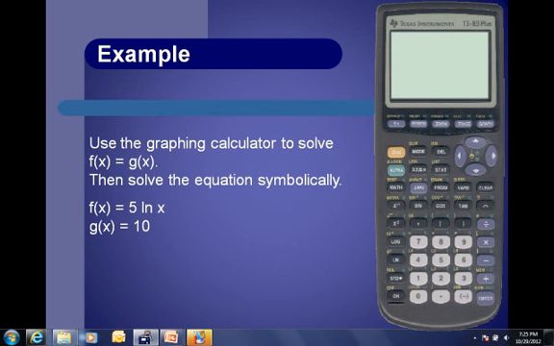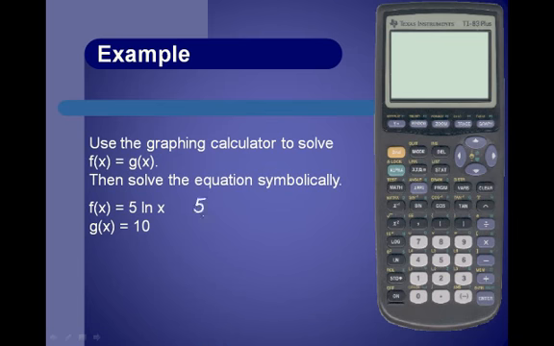Now for these examples, we're going to use the graphing calculator to solve an equation of the form f of x is equal to g of x. Then we're going to solve the equation symbolically. So if f of x is equal to 5 times the natural log of x and g of x equals 10, then we want to solve the equation 5 times the natural log of x is equal to 10.